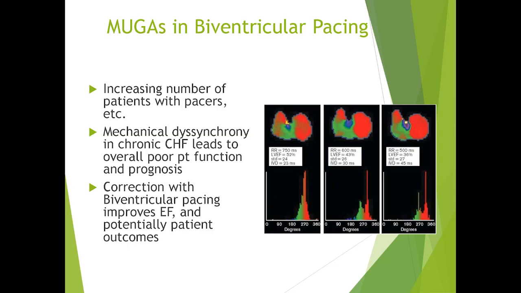And certainly MUGAs can be used to analyze the beating patterns and direct physicians and cardiologists to place the pacemaker leads correctly so as to improve any dysynchronous contraction that may be taking place.